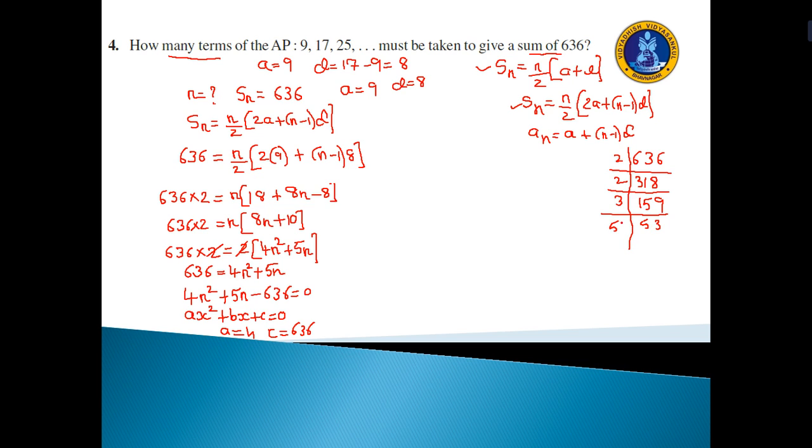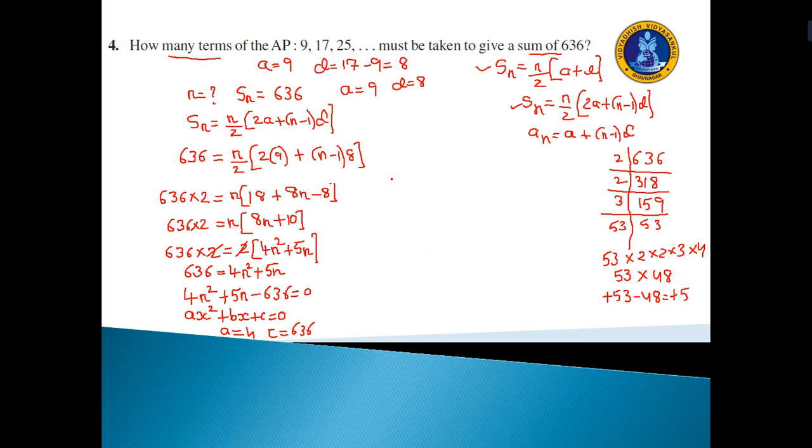Now 53 is which kind of number? It's a prime number. So 2 into 2 into 3. So 53 into 2 into 2 into 3 into 4. So 53 into 2 twos are 4, 4 threes are 12, 12 fours are 48. So if I split plus 53 minus 48, we get plus 5.